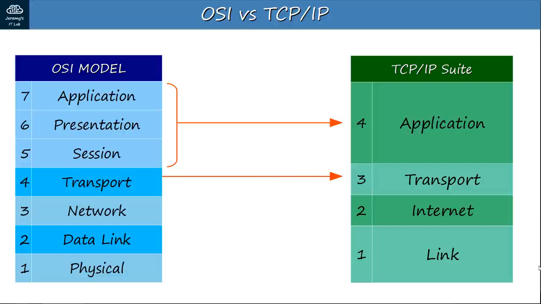Moving on, the OSI model and the TCP/IP model both share the transport layer. The network layer of the OSI model maps to the internet layer of the TCP/IP model. Finally, the data link and physical layers of the OSI model are equivalent to the link layer of the TCP/IP model.